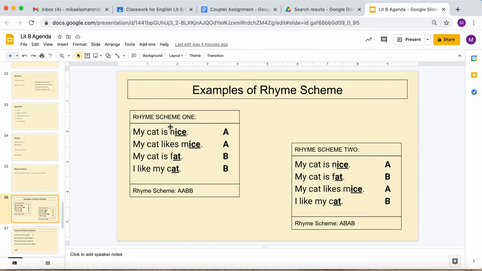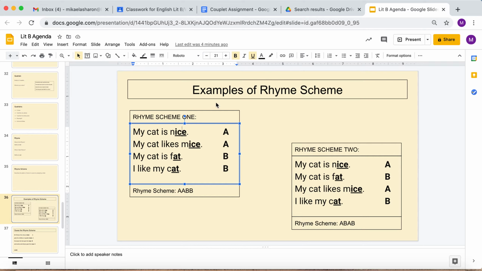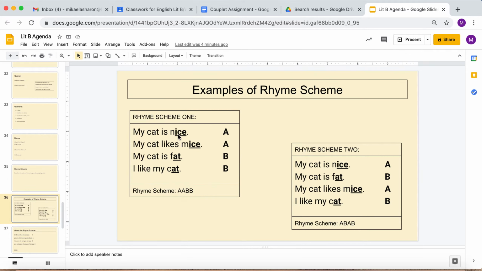So here was our first example of a rhyme scheme. This says, my cat is nice. My cat likes mice. My cat is fat. I like my cat. So the first rhyme we see is here in the first 2 lines with nice and mice. So both of these end with the same syllable at the end, ice.